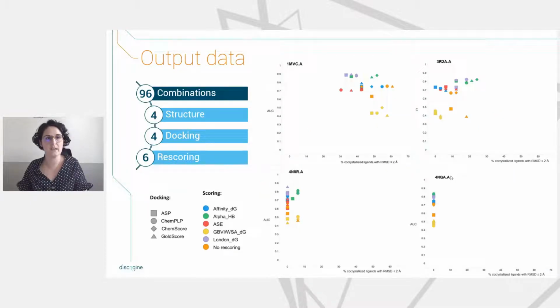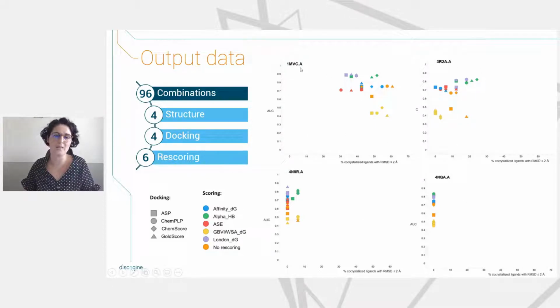Concerning the output data, we have nearly 100 combinations, because we evaluated 4 structures, 4 docking functions, and 6 rescoring possibilities. Here you can see the legend: the shape for the docking function and different colors for the scorings. You have 4 plots, 1 plot per protein structure. What we can see is that the results are really dependent on the protein structure.